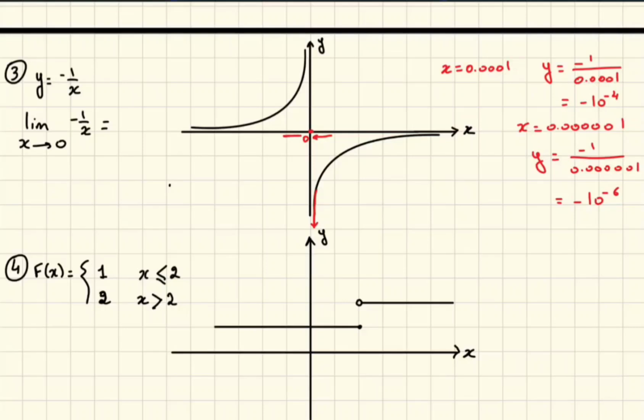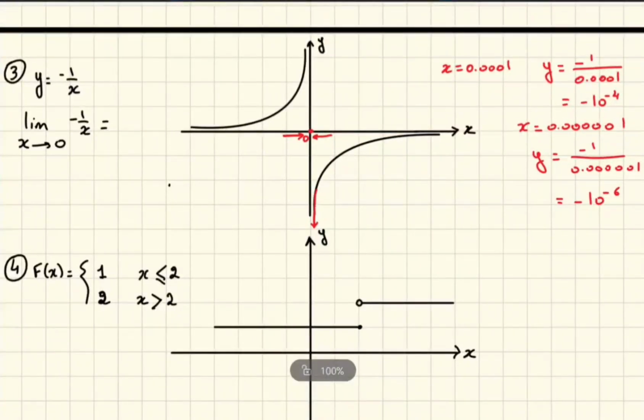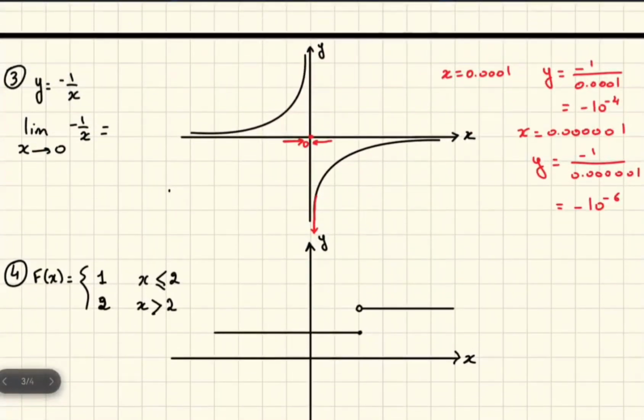Is it the same from the other side? Yes. As x approaches 0 from the left side, and we take values really close to 0 from the left side, like -0.1, -0.001, and so on, we're going to notice that the function is getting bigger and bigger and bigger.